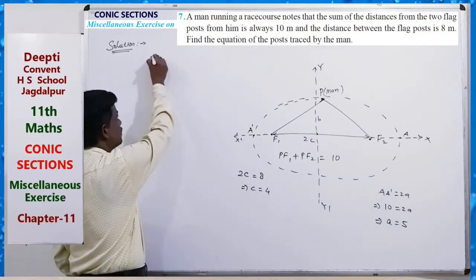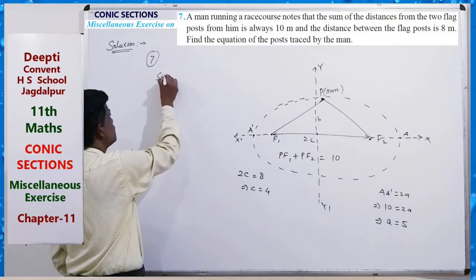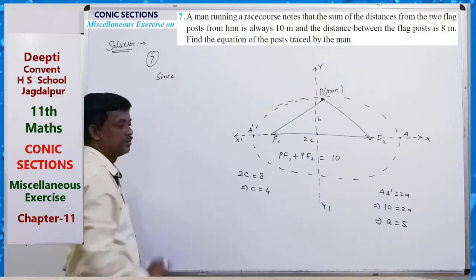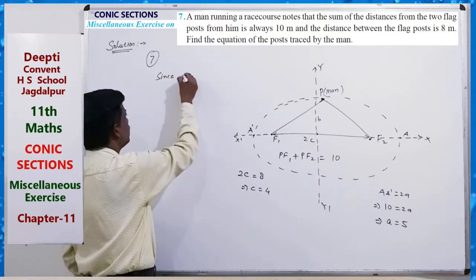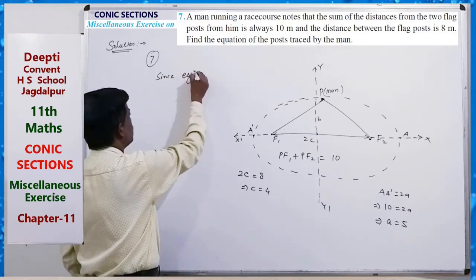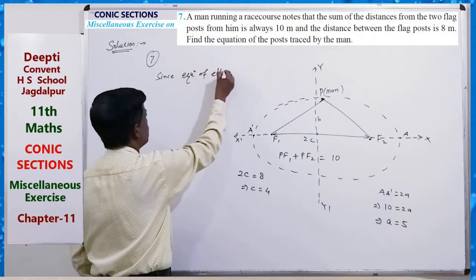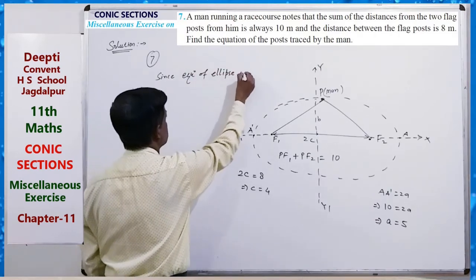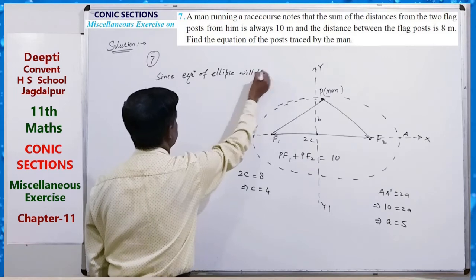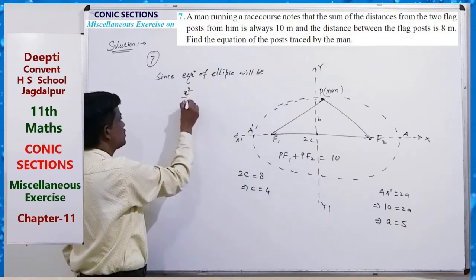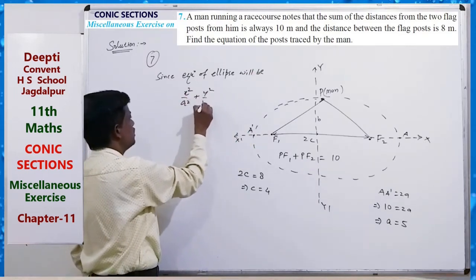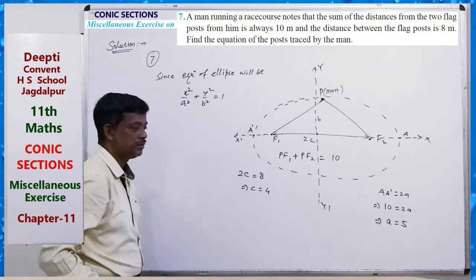Since the equation of the ellipse will be x square by a square plus y square by b square equals 1.